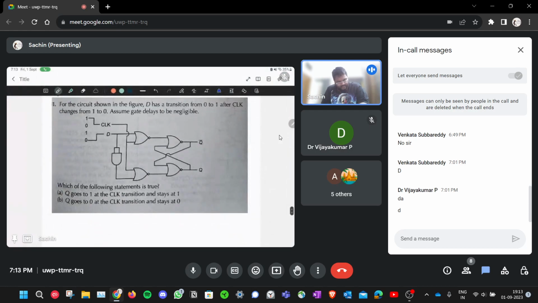Maybe the circuit that they're given is not the right one.